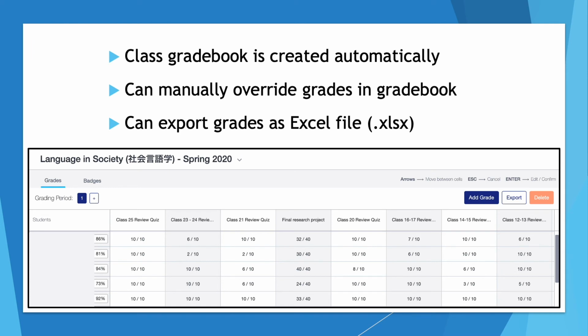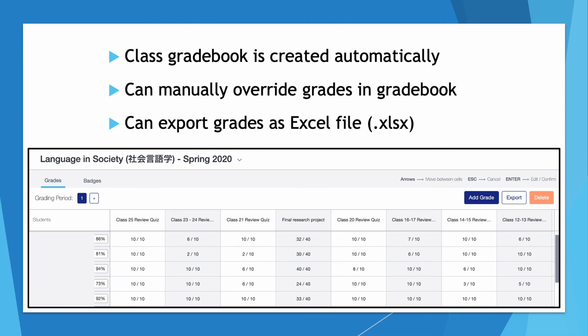The grades will be listed. If for whatever reason you need to manually override the grades in the gradebook, you can simply click on one of the students' scores and type in your correction. You can also export grades as an Excel file if you need to.